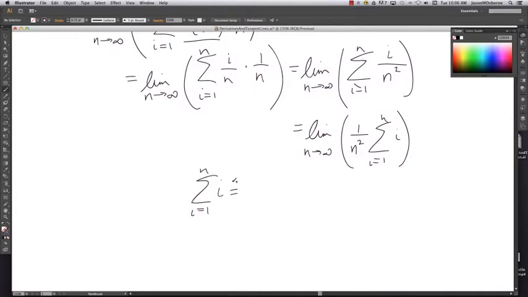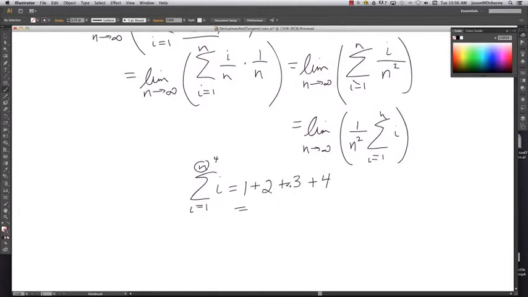So just to give you an example of what I'm talking about here, if, for example, n had been 4, then when i is 1, you get 1. The summation says when i goes to 2, you add it to 2, add it to 3, add it to 4. And if you were to sit down and add these numbers up, you would get 3, 6, and 10.